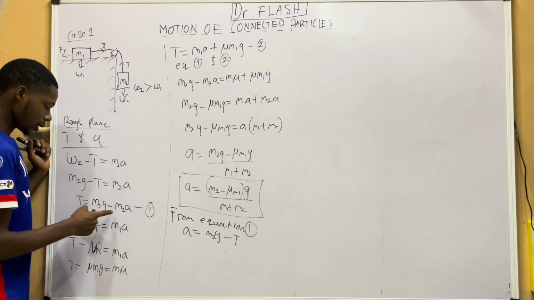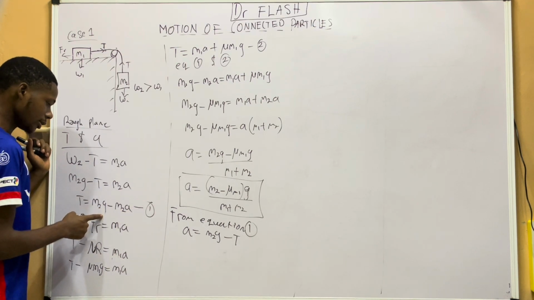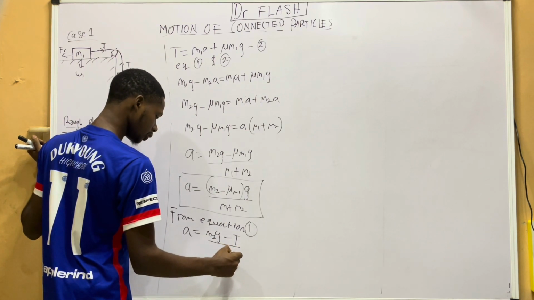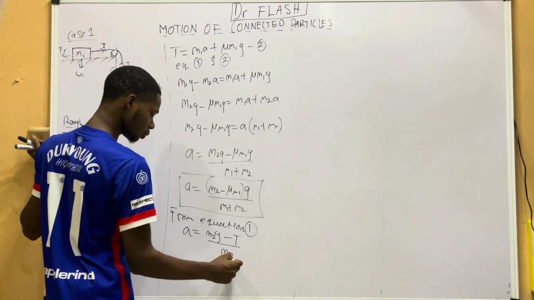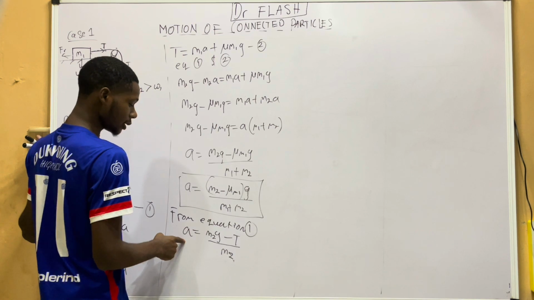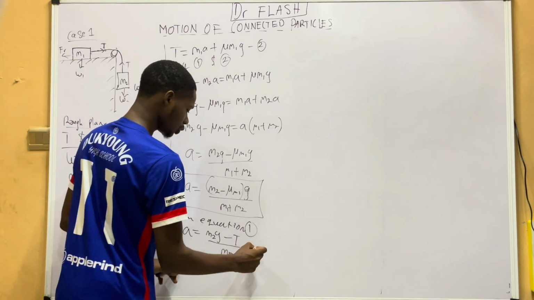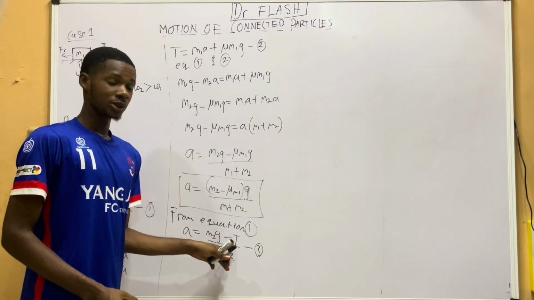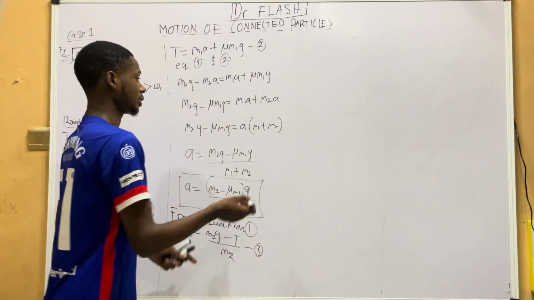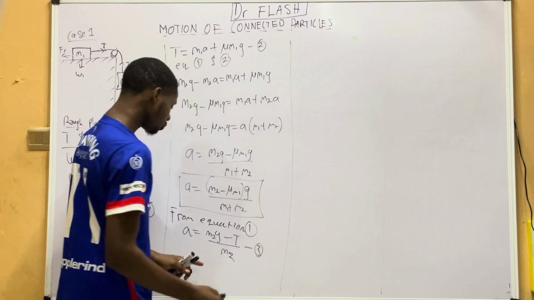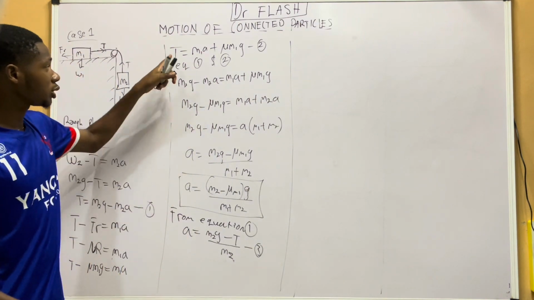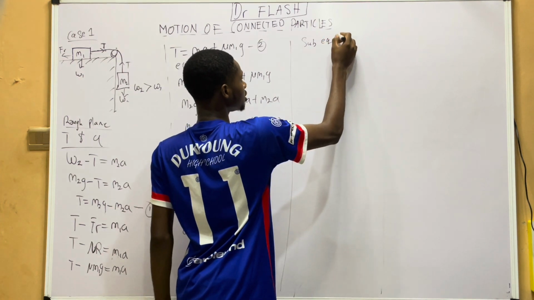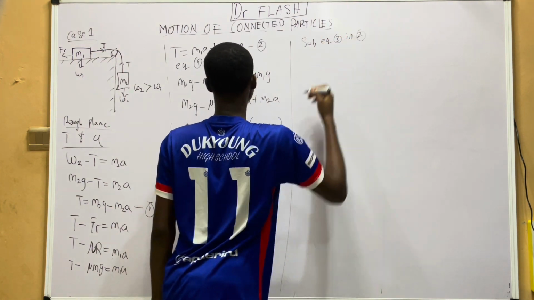I'm going to have a equals m2g minus T, divided by m2. Now this a, I'm going to call it equation 3. The reason we cannot solve with this is because we do not know tension, so it is as useless as it is on the board. So I'm going to substitute this equation 3 into equation 2.